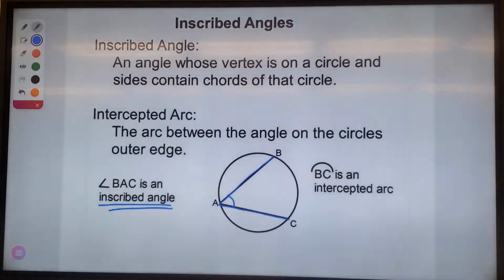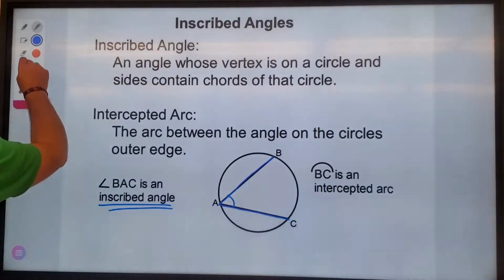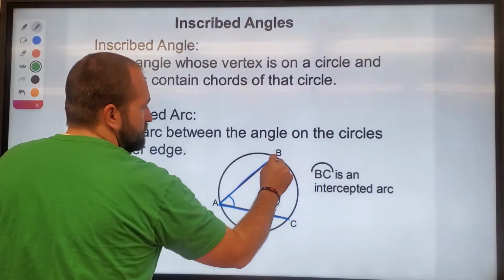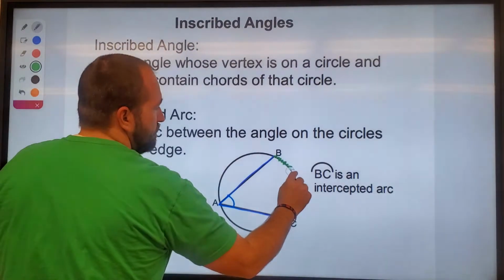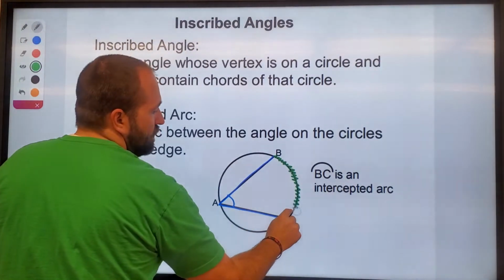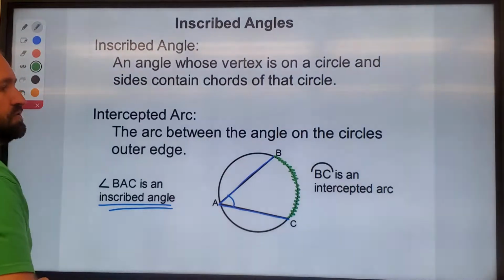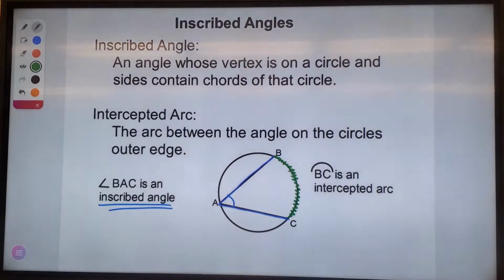Okay, it is inside the circle, goes all the way through. And then BC, the arc here, is my intercepted arc. Okay, so again, two vocabulary pieces to make sure you understand when we're talking about these and communicating about them.